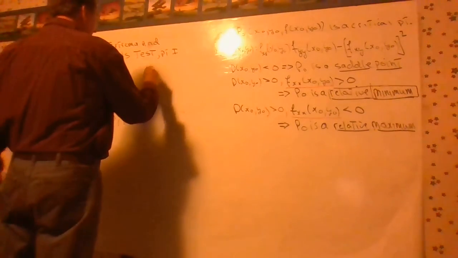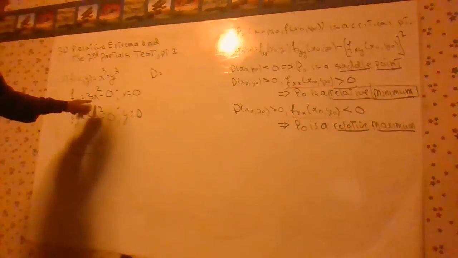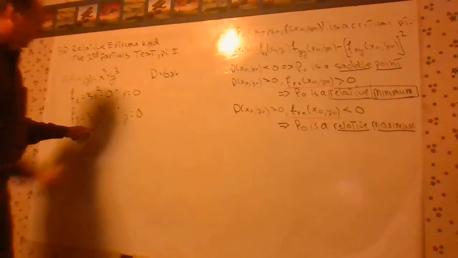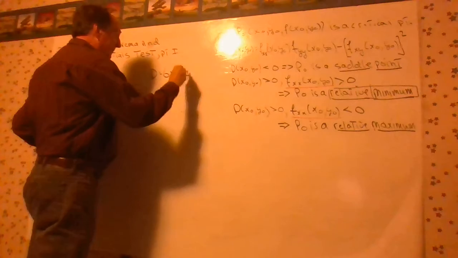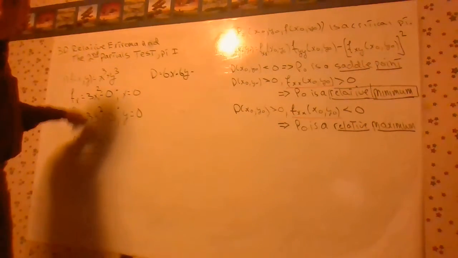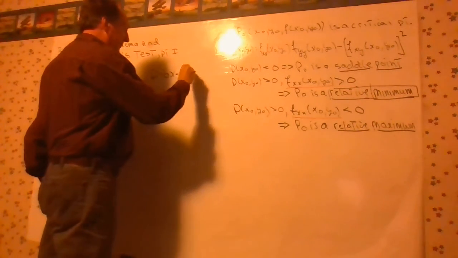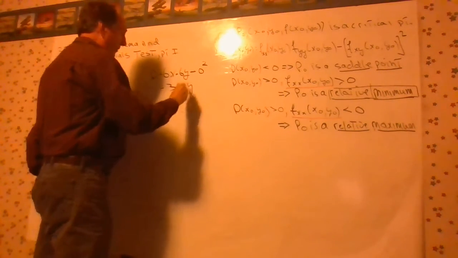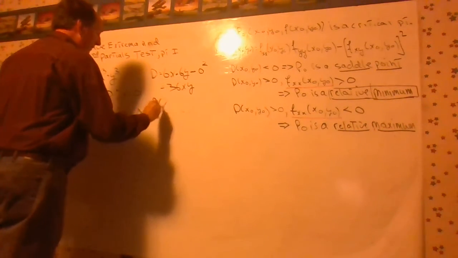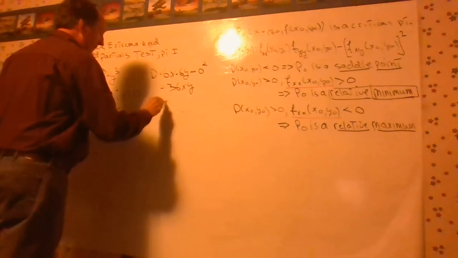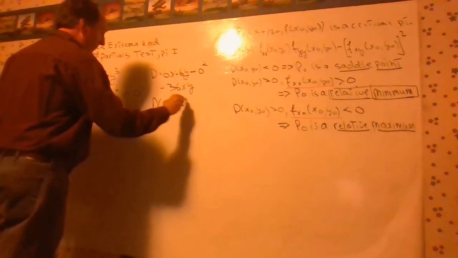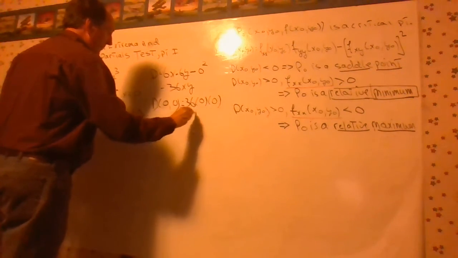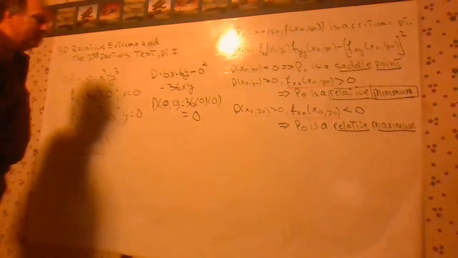Now D, the second x partial is 6x. Second y partial is 6y. The mixed partial is 0 either way. So you get 36xy. Now in particular, D of 0, 0 is 36 times 0 times 0, which is 0.